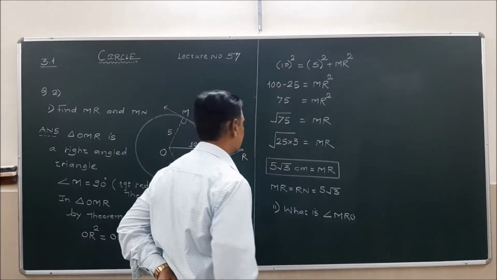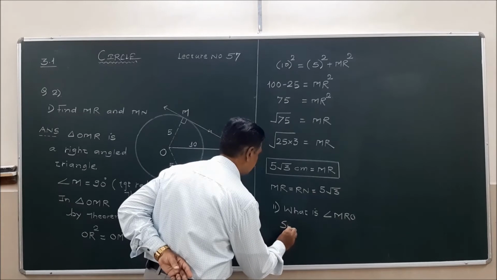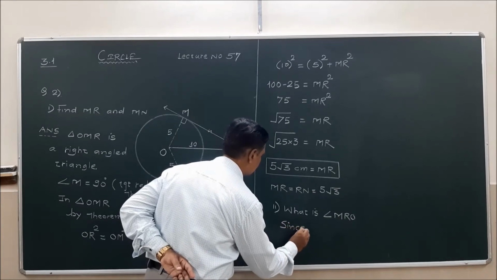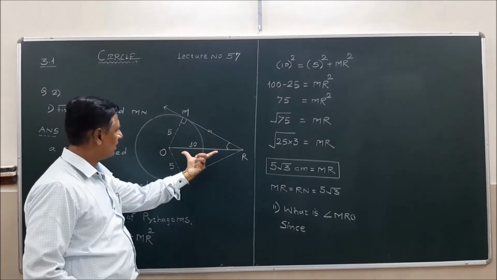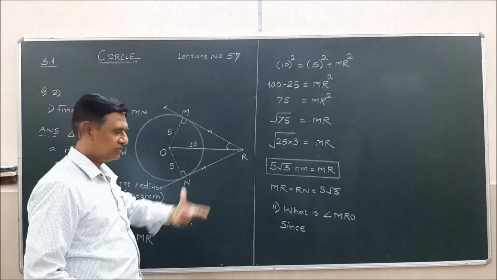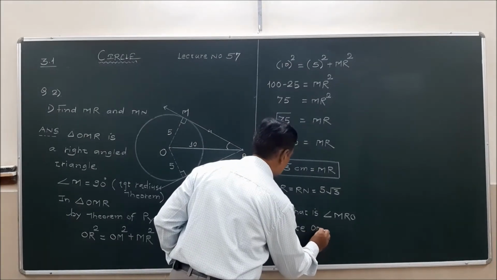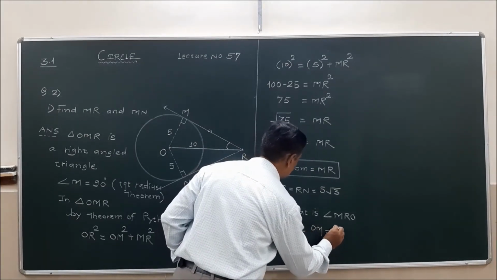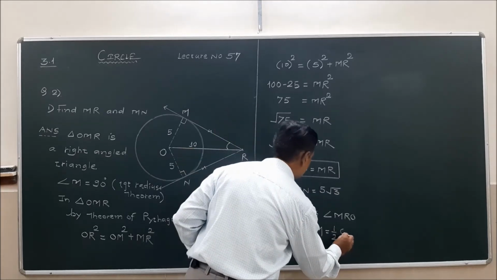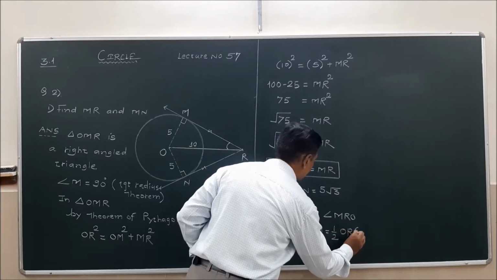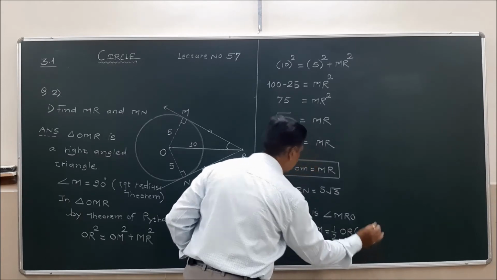So you can say here, since OM is half the hypotenuse, OM is equal to 1 upon 2 OR. For your convenience, I am writing in bracket hypotenuse.